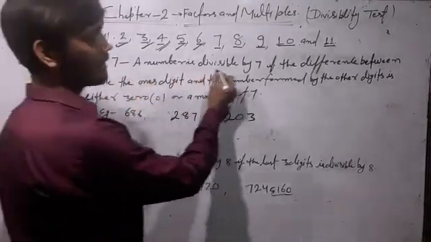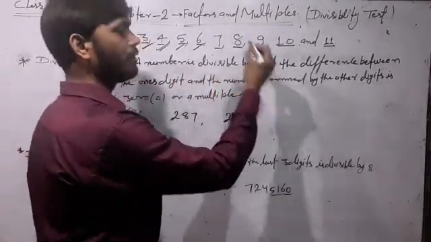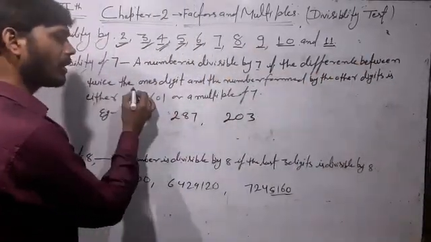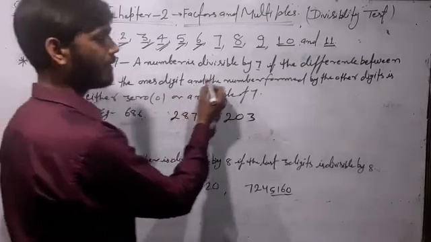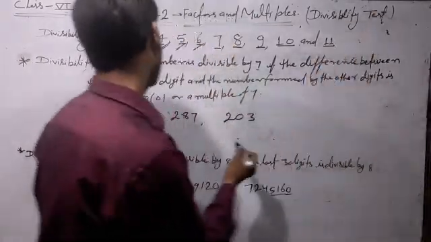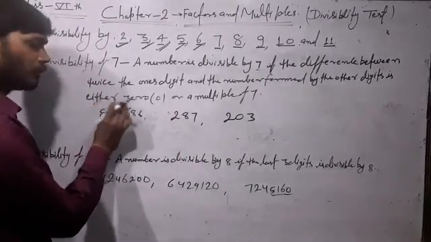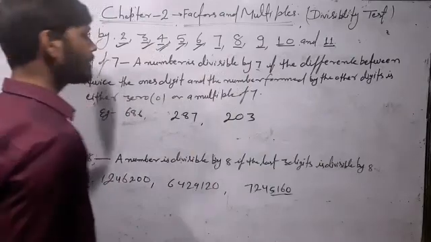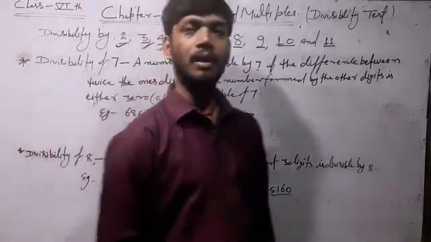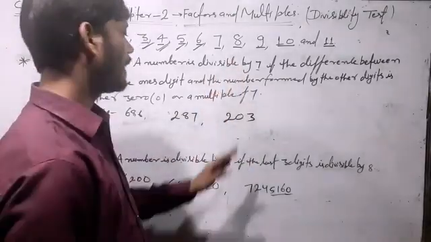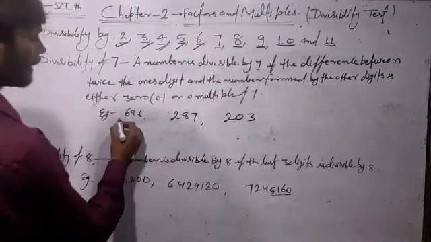A number is divisible by 7 if the difference between twice the ones digit and the number formed by the other digits is either 0 or a multiple of 7. This divisibility is understood by an example.